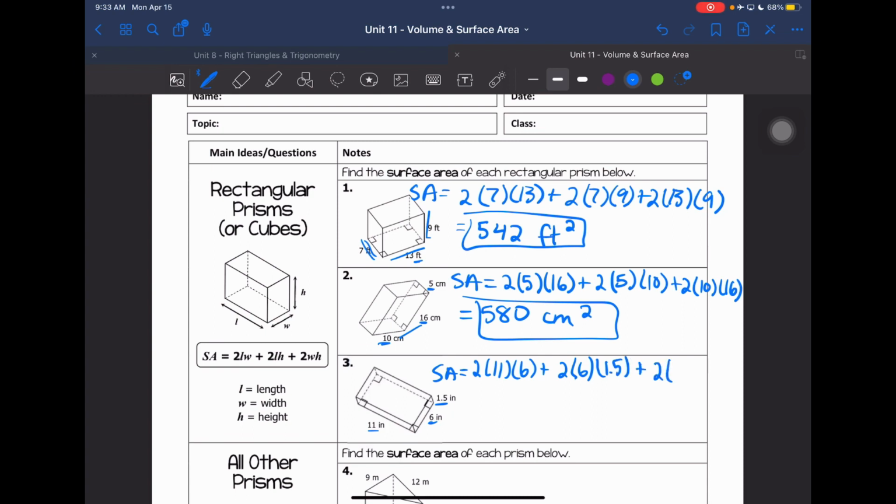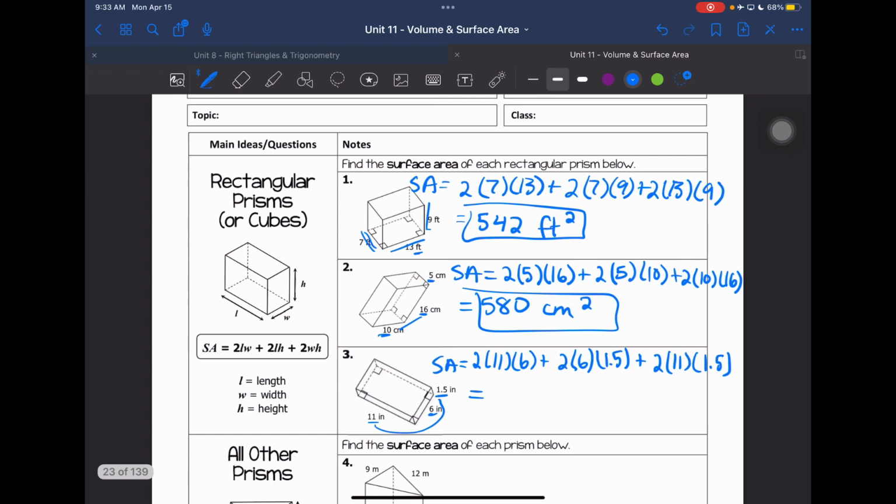And then we just multiply the 2 numbers that we haven't multiplied together, which would be the 11 and the 1.5. And making sure to put the 2's in front of each of those and the addition symbol in between each of them. When you type that into the calculator, that'll give you your answer, which comes out to be 183 inches squared.